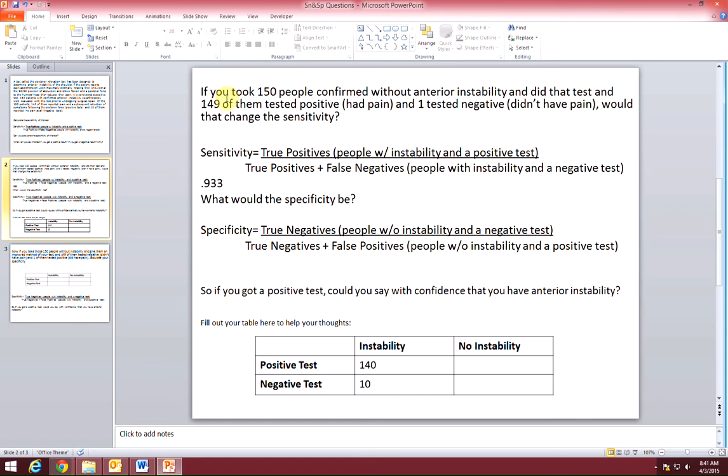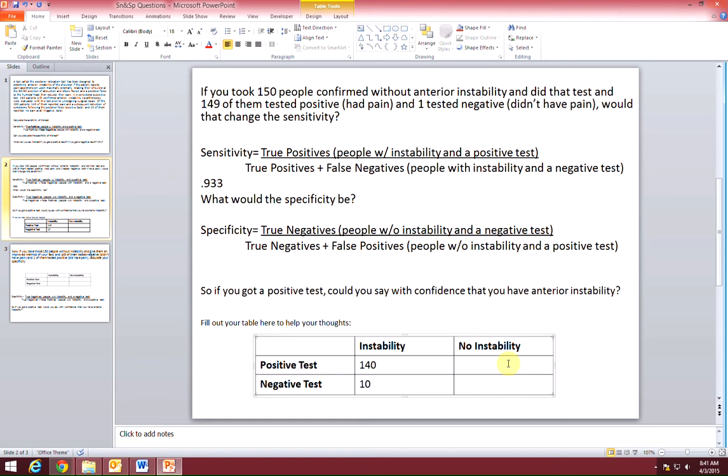Now we have a population of 150 people without anterior instability that we ran this test on, because we want to check the specificity. We have 150 people who don't have the pathology, and 149 of them got a positive test, and only one tested negative.